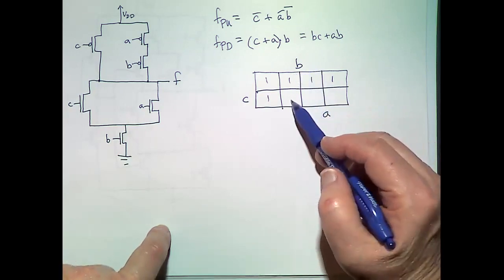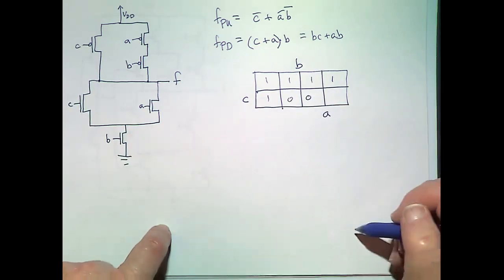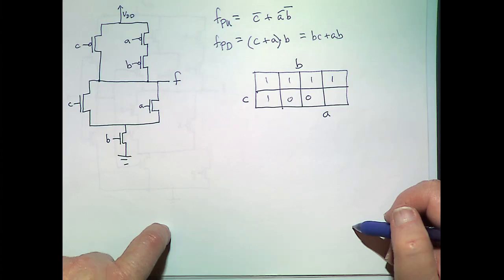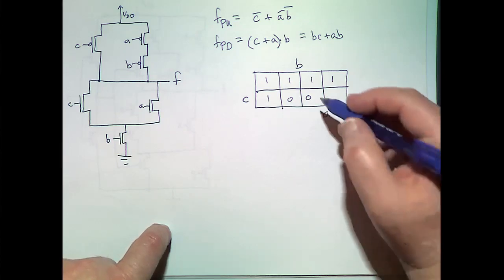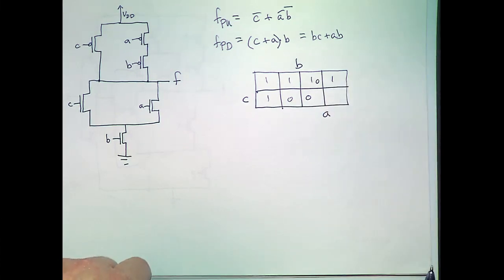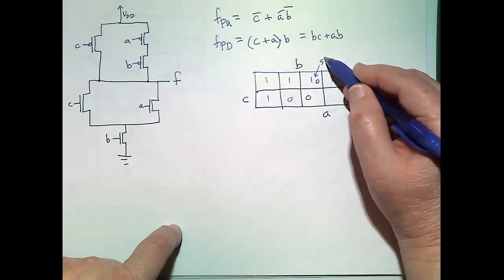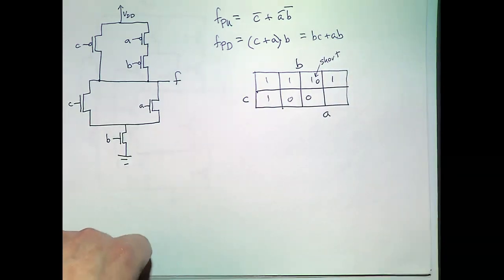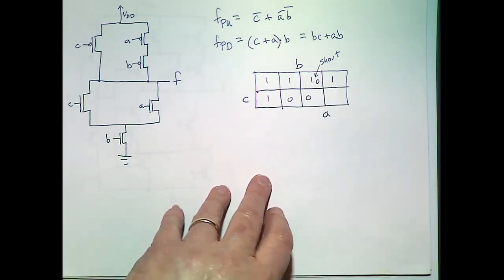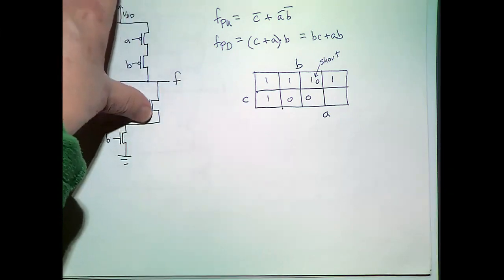So BC, which is here, and AB, oh, that's not good. All right, so we have a potential short here, right? Our pull up and pull down are both on. So this is not good. Okay. So this is also an ill-formed gate that we would not want to use.